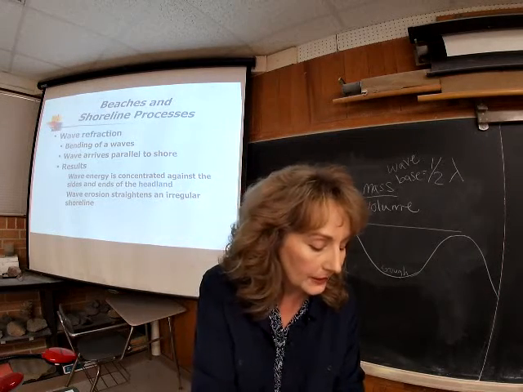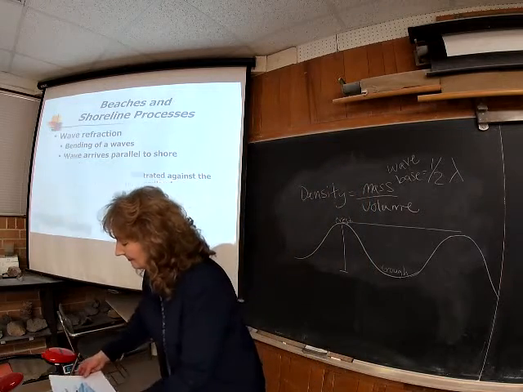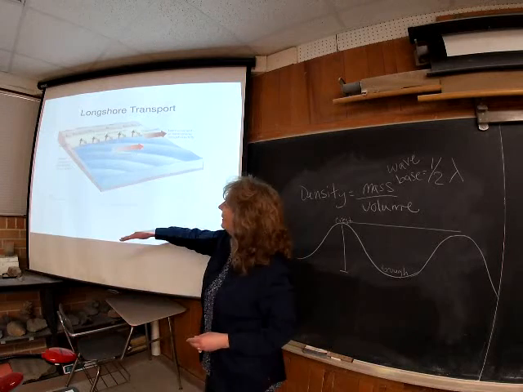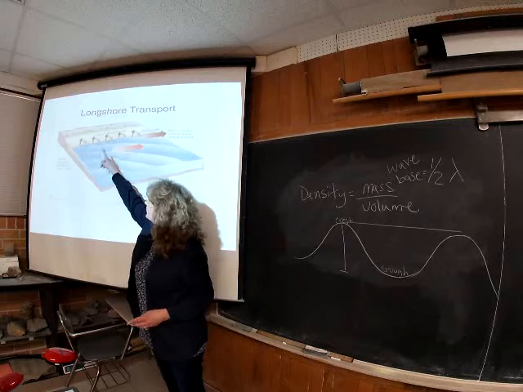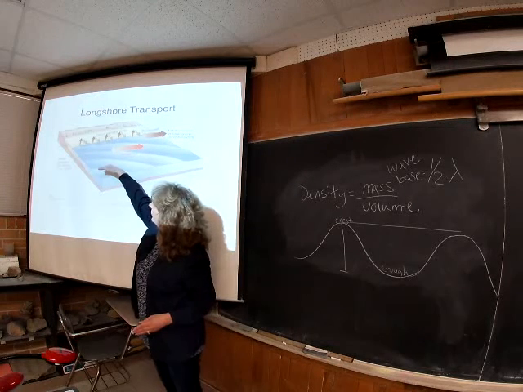Here's a little picture that might help a little bit. So seeing how that wave is coming in at an angle to the shoreline. There's the shoreline. It's coming in at the shoreline at an angle. Okay.